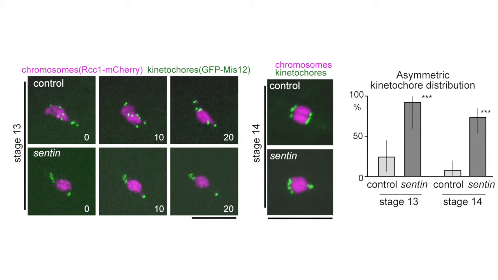But the more surprising thing is that these asymmetrically distributed kinetochores do not undergo the correction, unlike wild type, in which if kinetochores are asymmetrically distributed, they are quickly corrected.